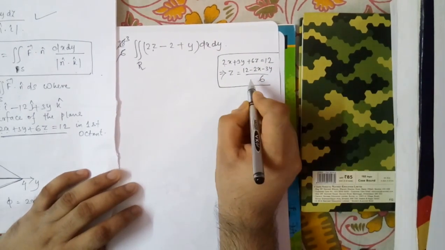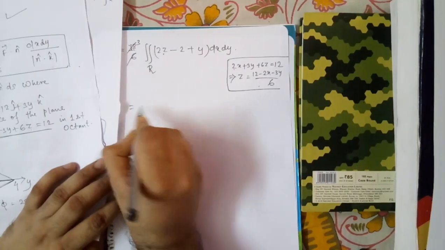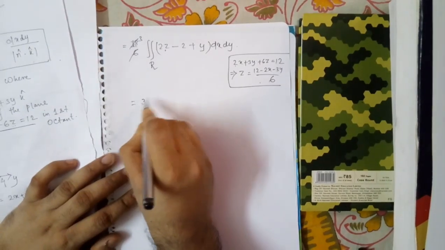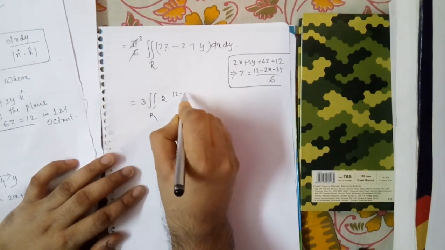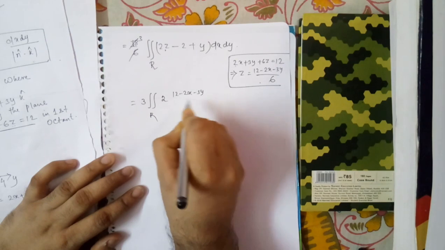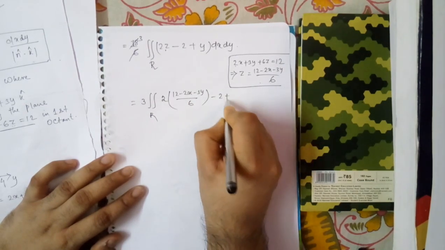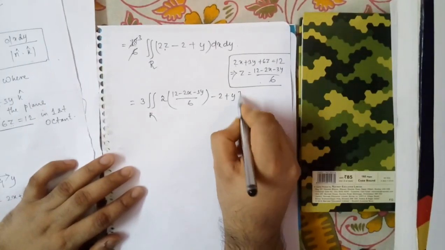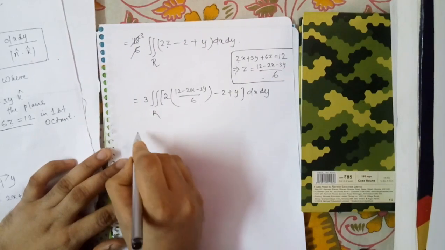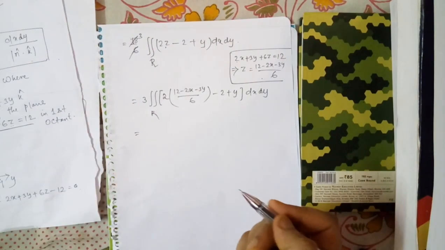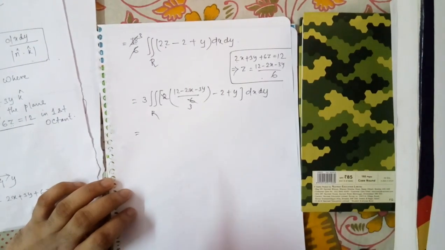So we will put the value of z, this value here. So this will now become, now what we can do, we can cancel this by 3.